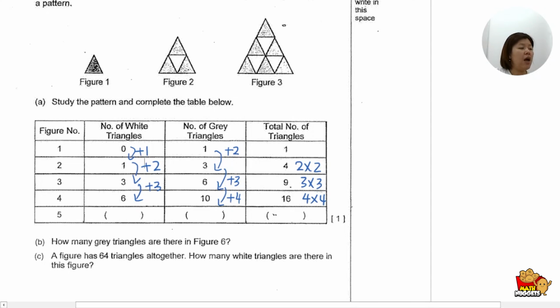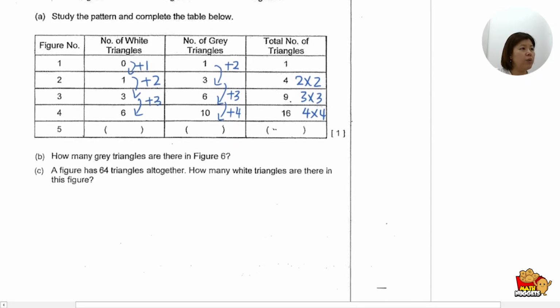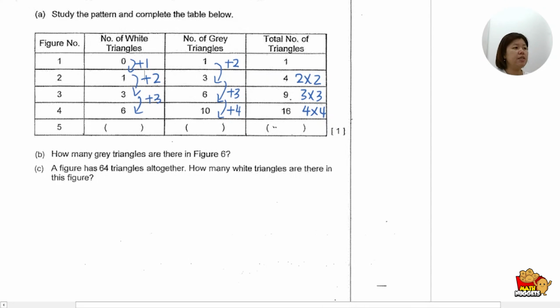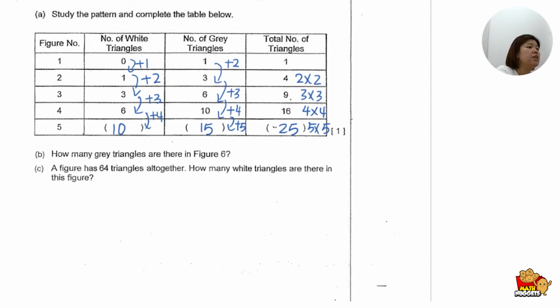Okay, so how many gray, okay, I'll move downwards a bit. How many gray triangles are there in figure 6? Okay, let's do figure 5 first. So this is +3, the next one will be +4, will be 10, and this one will be +5, will be 15, and this one will be 5 times 5, 25. If you can see here, my figure number 3 is actually the same as my gray triangles before.